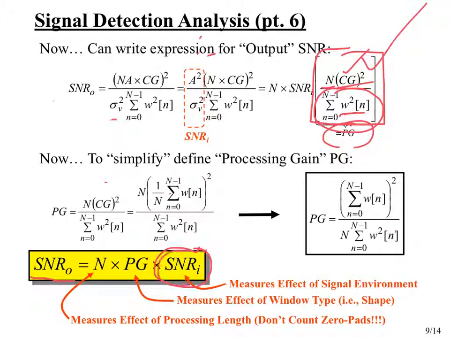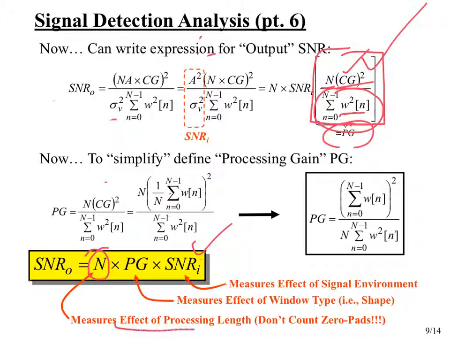So these are all in fractional, or non-dB form. So we start off with something really, really small, much less than 1 perhaps, maybe 0.1, which would be minus 10 dB. So we might start off with SNR being 0.1, and then we're multiplying it by N here.